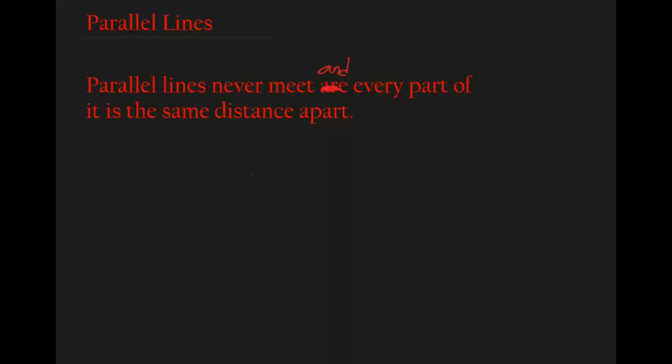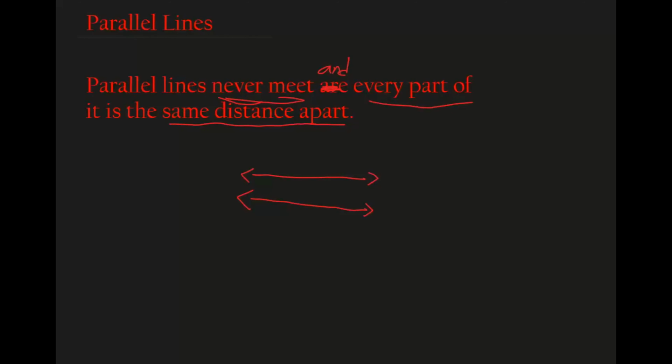So let's draw one line. I'm going to show you what parallel lines look like. So we have one line and we know that they never meet. And we also know that every part of it is the same distance apart. That means they're the same distance apart, every point of it, every part of it.